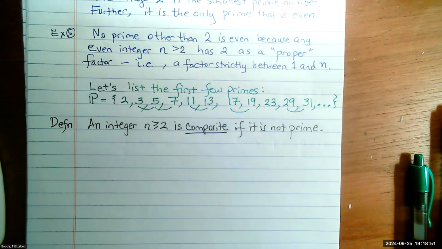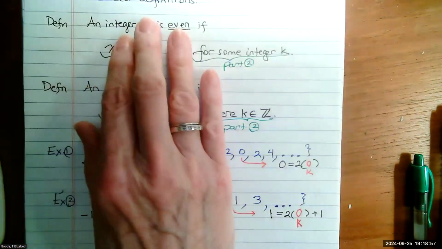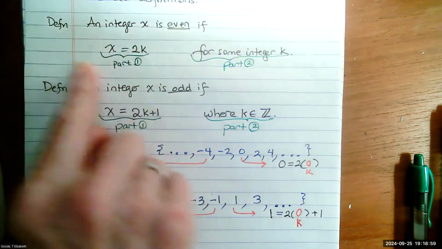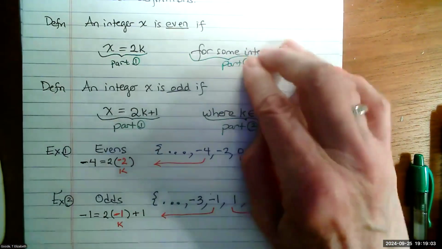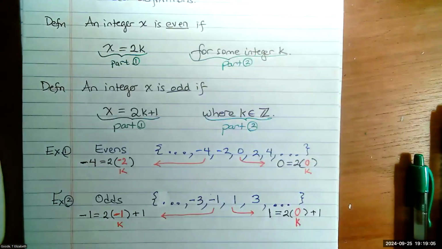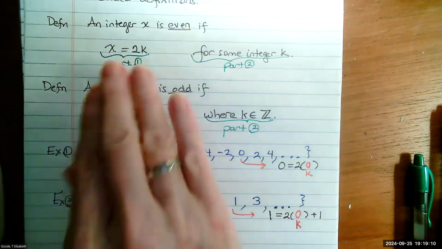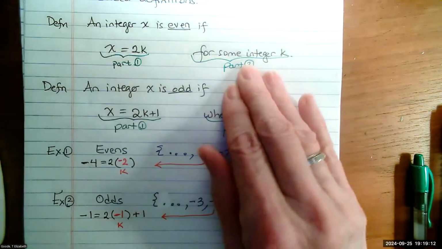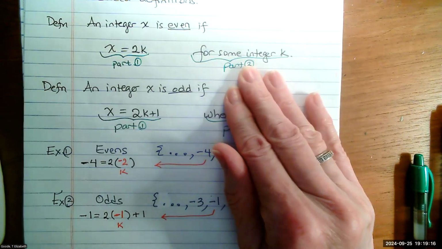Part of what is important in our definitions is that they yield equations. You see, when we defined even and odd, we got an equation, x equals 2k or x equals 2k plus 1, and we got information about the integer k. Listen, when you know a quantity is even, and you get this equation and this information about k, it's like walking up to the math ATM and making a big cash withdrawal.